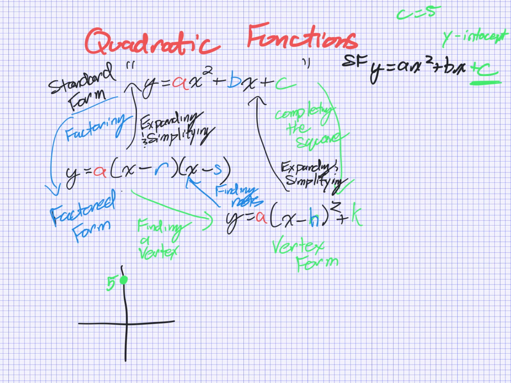In factored form, so FF, y is equal to a, x minus r, x minus s. What's important about these is the r and the s. These are the roots, and roots are also known as x-intercepts.